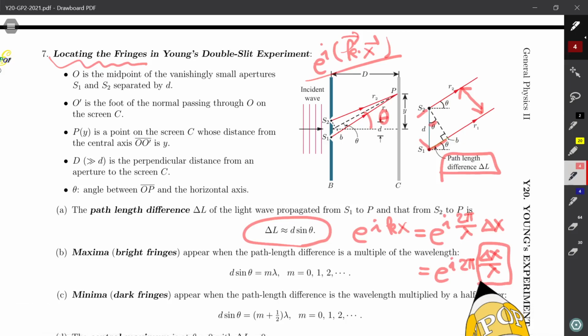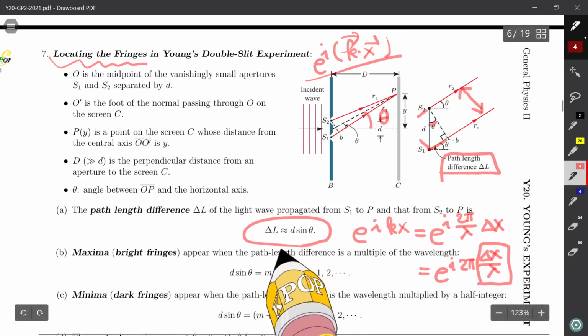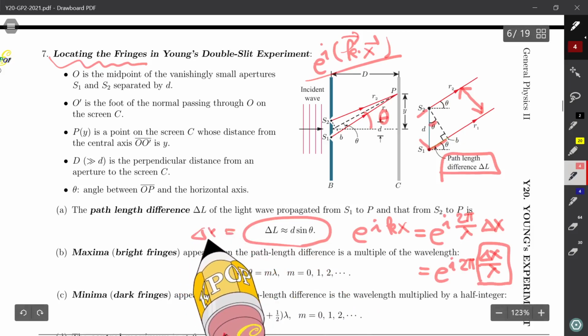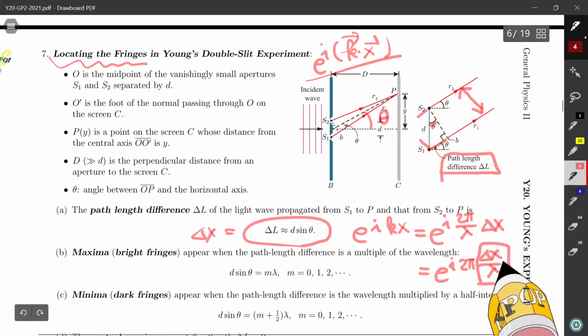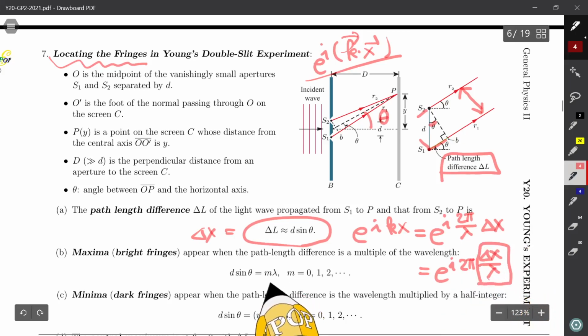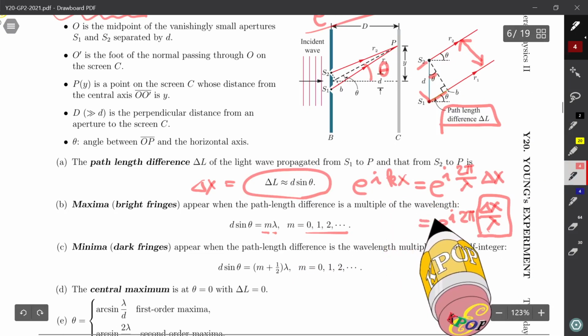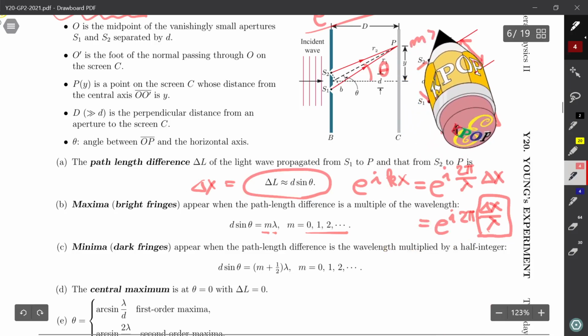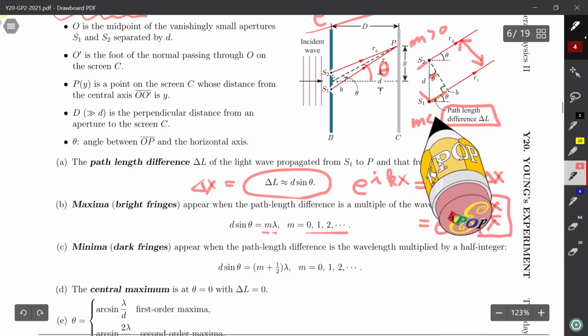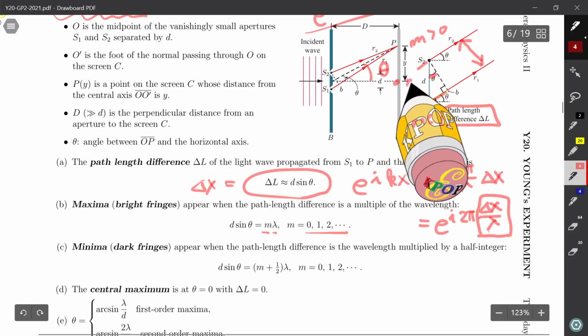If the path length difference, this delta L, represents a delta x, and if delta x is a multiple of the wavelength, m times lambda, where m is an integer, here m is positive, m is negative, and at the central point m equals 0.